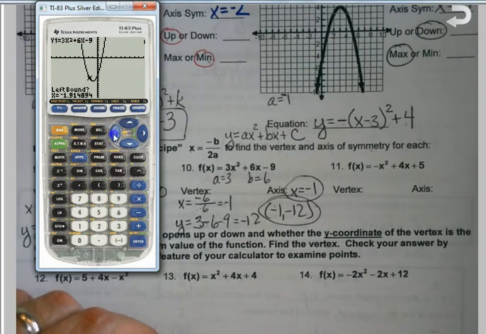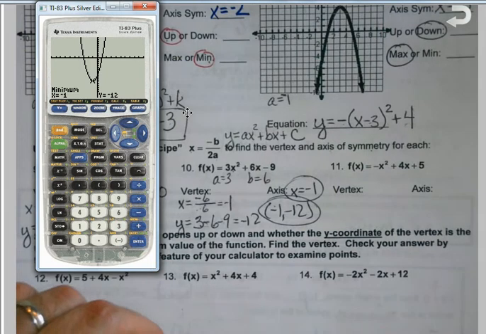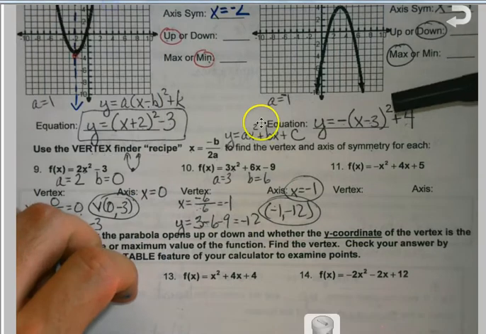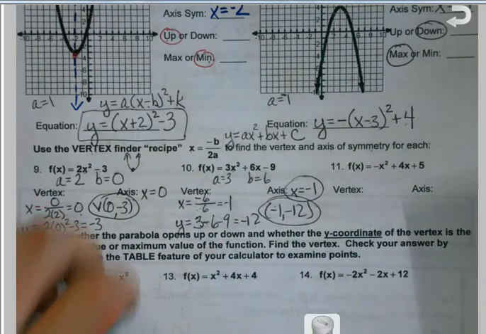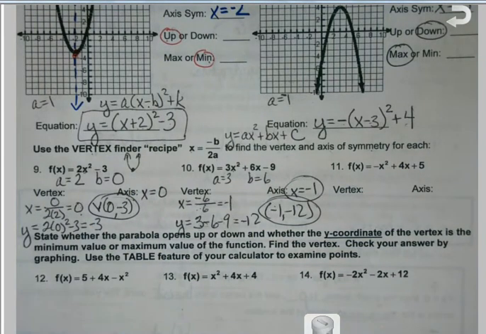And again, just make sure when it says left bound, your little cursor guy is somewhere to the left. And then when it says right bound, he's somewhere to the right. -1, -12, okay? So those are both options for you. It's good to know the recipe in case you don't have a calculator available, but it's nice to have the calculator available if it gets to be something nasty.